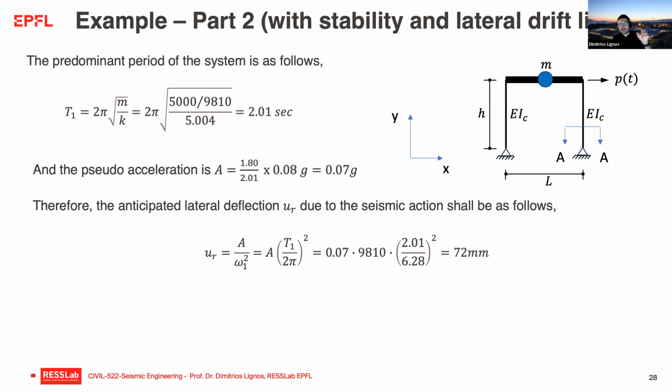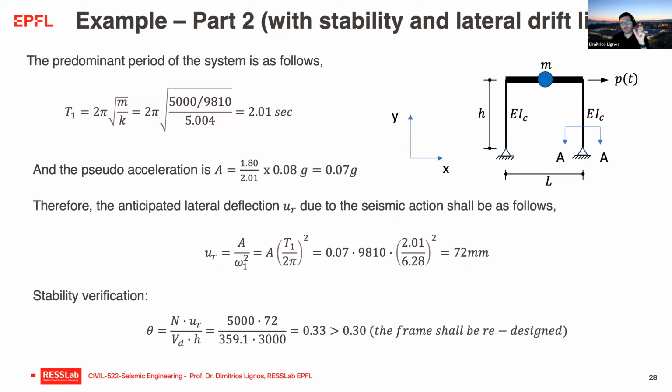So with this lateral deformation, and knowing that the system is going to remain elastic, I will need to check the stability coefficient and the corresponding drift limit that I was given. So for the stability verification, I'm going to use the stability coefficient, which is going to be equal to N times UR divided by VD times H. And if I do a substitution here, N is 5,000 kilonewton.